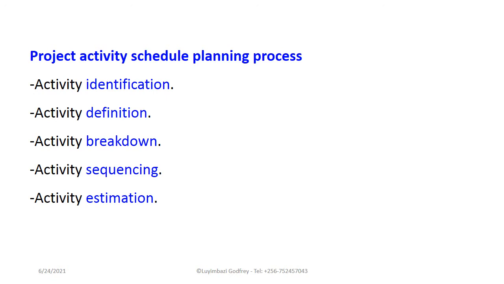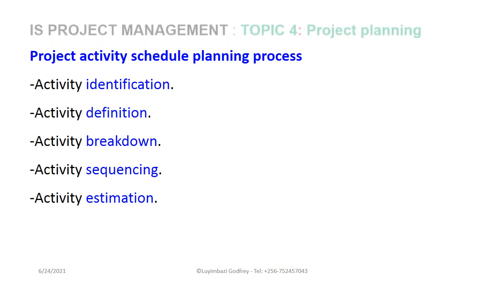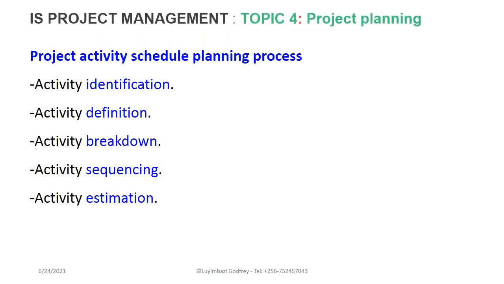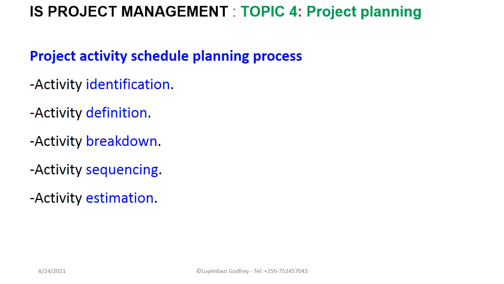Let us now look at the process that we go through to plan our activity schedule. Now, when you are planning your activity schedule, you begin by identifying the different activities that you are to work on in your project. That's what we call activity identification.